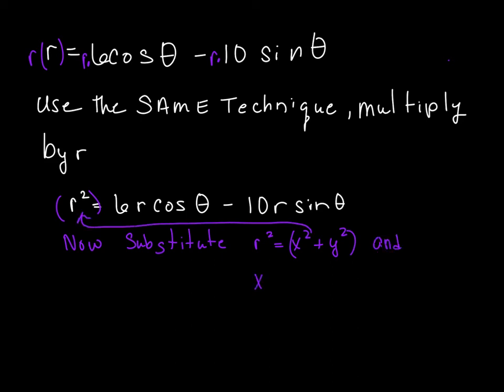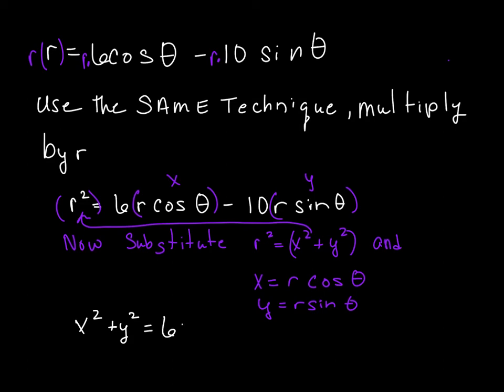I also know that x is equal to r cosine of theta. So we'll replace that, and y is equal to r sine of theta. So I just replace both of those with x and y, and my equation is x squared plus y squared is equal to 6x minus 10y.